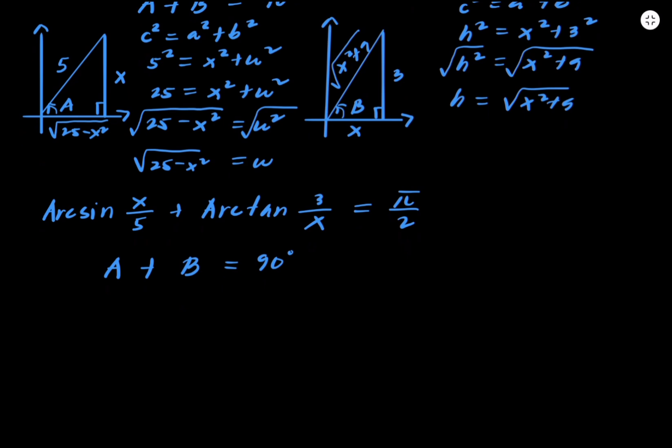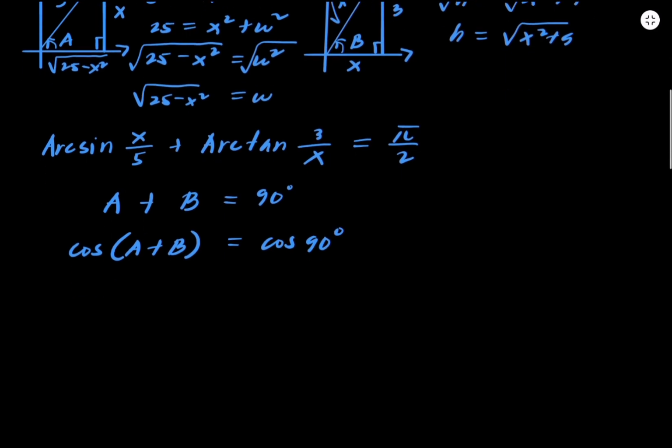In this case, we will be choosing cosine. Why is that? Because we know that cosine 90 is equal to 0. So choosing cosine will result in a simpler radical equation. What I mean is that we have cosine of A plus B equals cosine 90 degrees, and cosine 90 degrees is equal to 0, right?